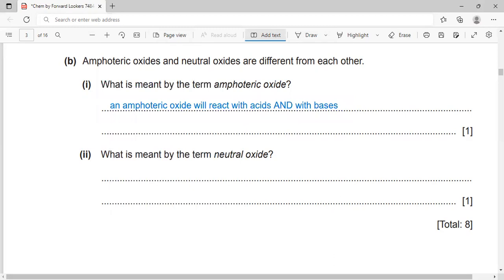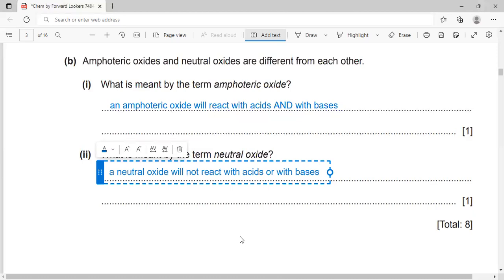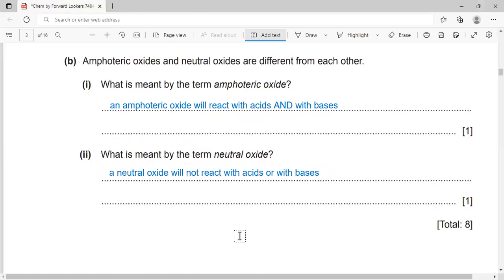What is meant by the term neutral oxide? A neutral oxide will not react with acids or with bases.